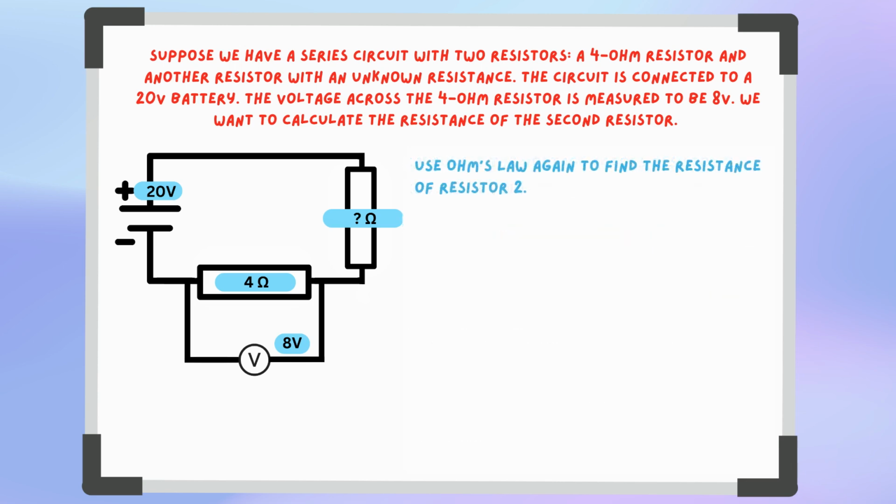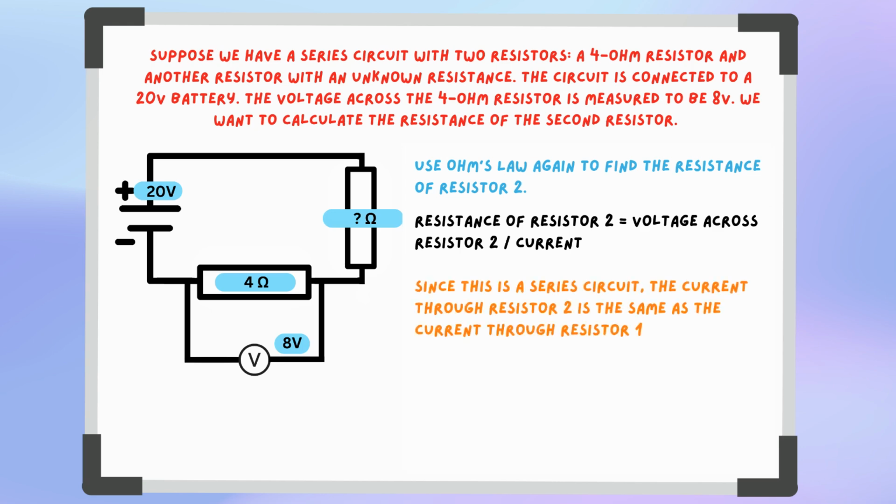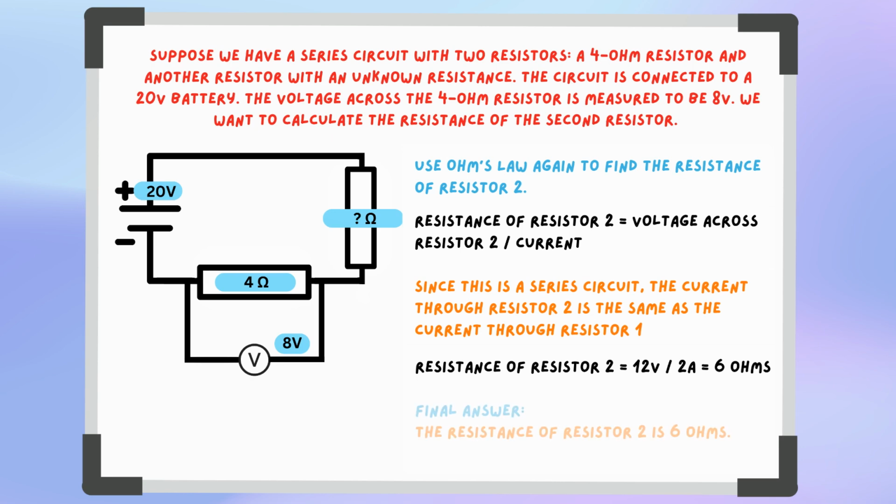We then can use Ohm's law again to find the resistance of resistor 2. The resistance of resistor 2 equals the voltage across resistor 2 divided by the current. Since this is a series circuit, the current through resistor 2 is the same as the current through resistor 1. Therefore, the resistance of resistor 2 equals 12 volts divided by 2 amps, giving us 6 ohms as a final answer.